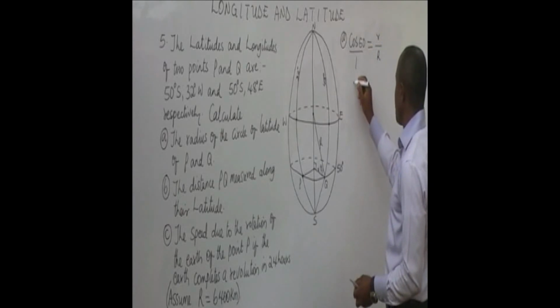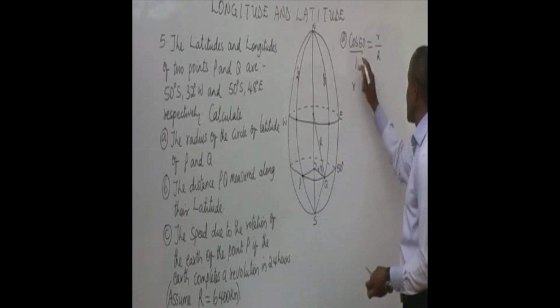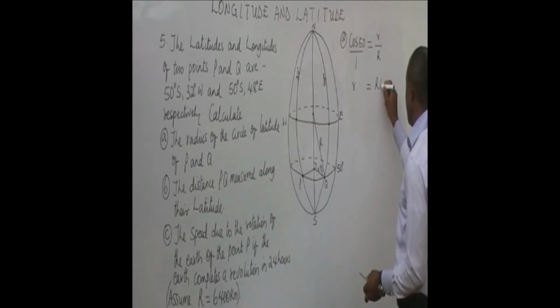R times 1 will give you r, which is now equal to big R times cosine 50.